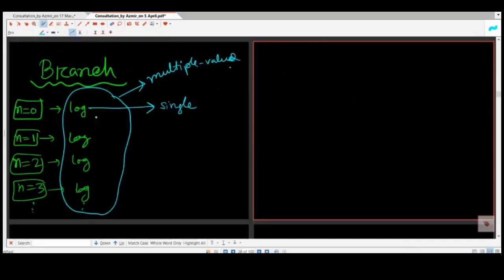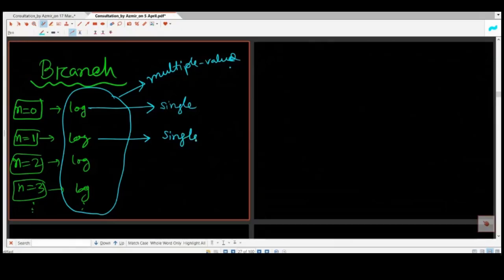So that means this is another single value. This is another single value. This is another single value. So multiple valued functions are collections of single valued functions. All single valued functions collectively form a multiple valued function.